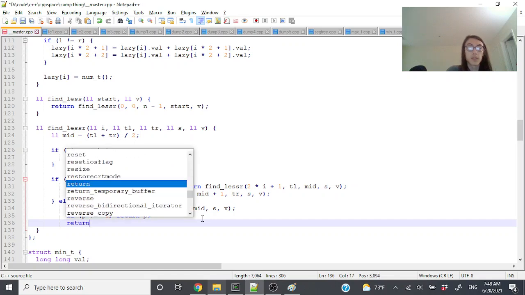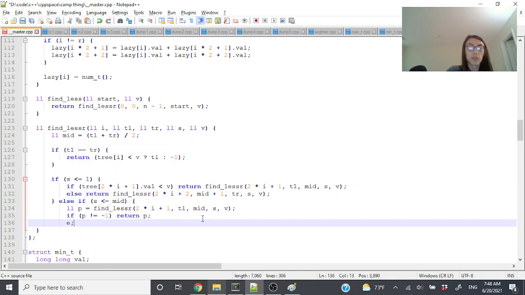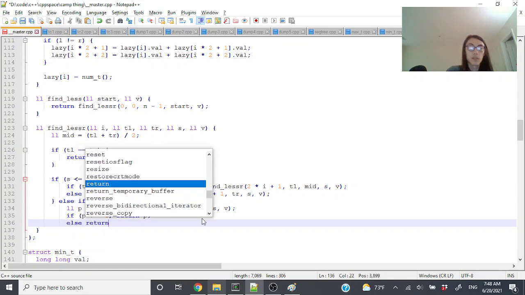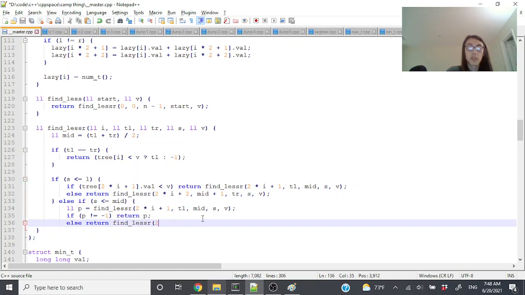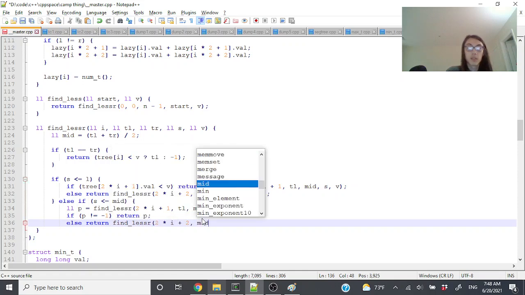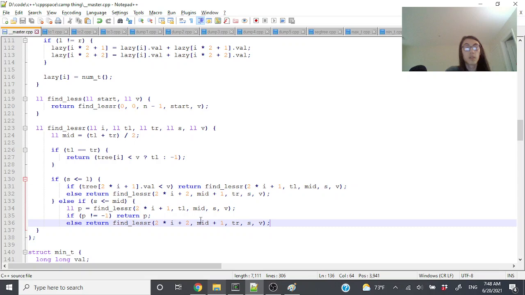Otherwise, go this way. Otherwise, it's completely on the right.